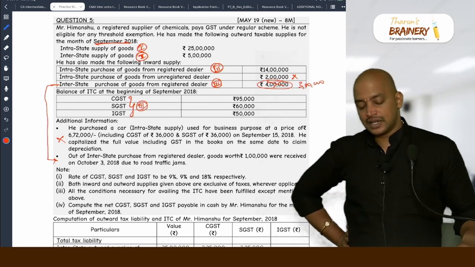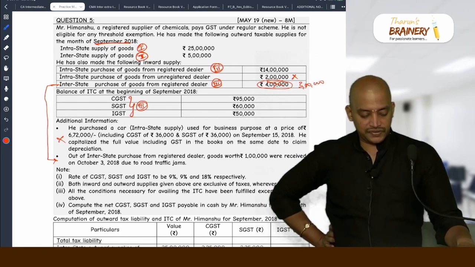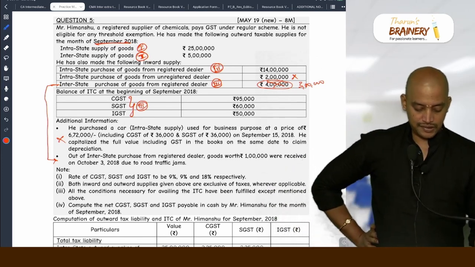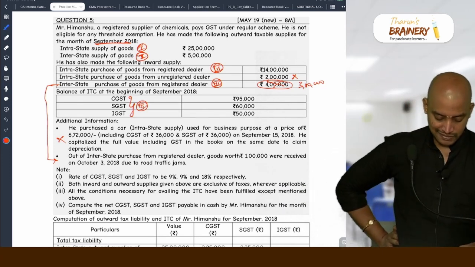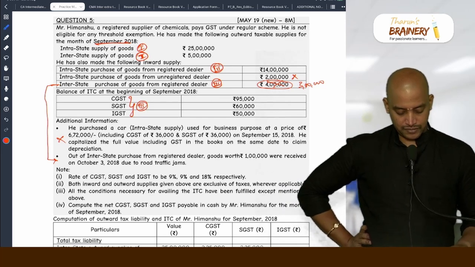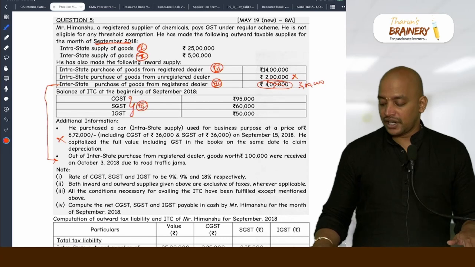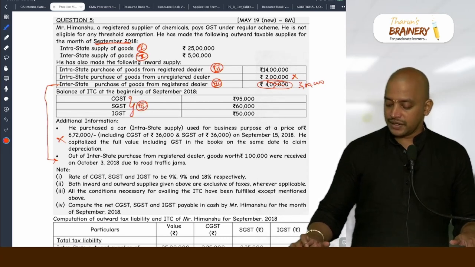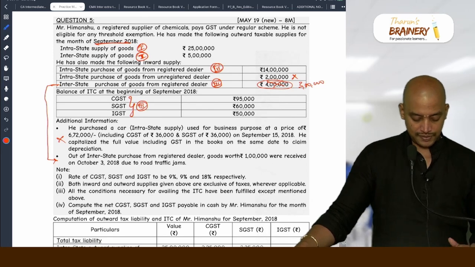Next, another purchase from a registered dealer, IGST. So don't take 4 lakhs in value, take 3 lakhs. 3 lakhs into 18% is 54,000. Now you do this.